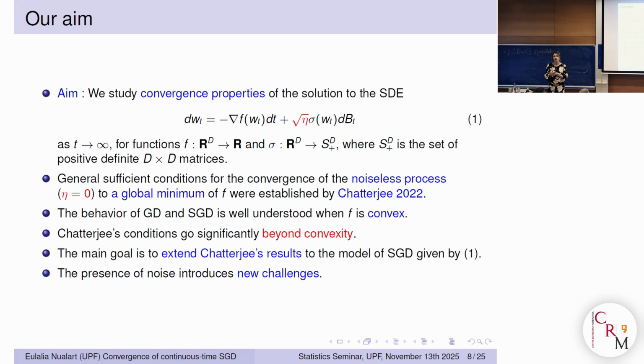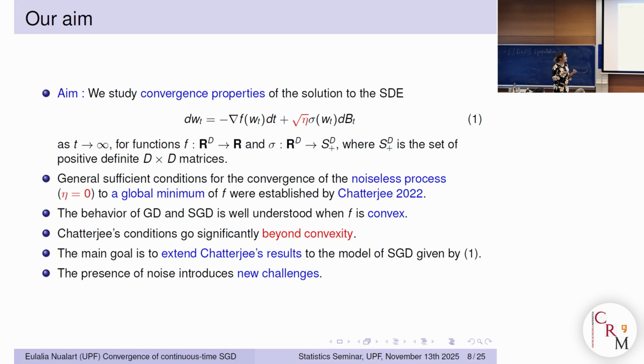This mild condition is, of course, beyond convexity, because when F is convex, everything is well known. And when F is not convex, there are works that assume the Polyak-Lojasiewicz condition. But most of the work assume this condition globally, right?